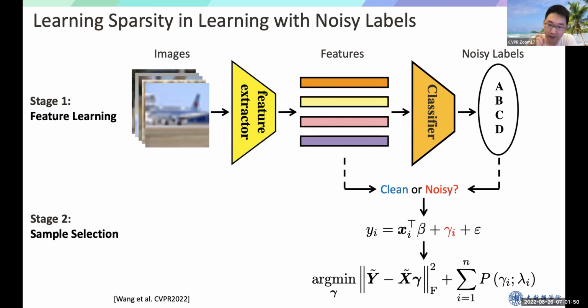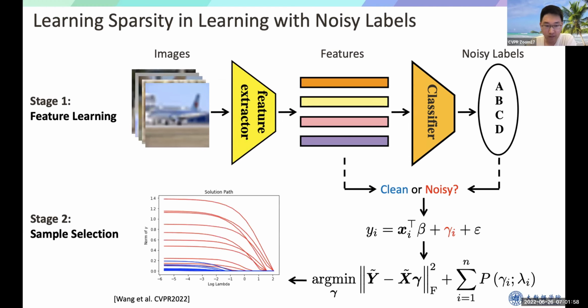We solve this linear model with the sparse penalty on the noisy data indicator. And by using the solution path, we basically rank the data by the selection time. Here, this is the solution path. The x-axis corresponds to the value of lambda, and the y-axis corresponds to the magnitude of gamma.